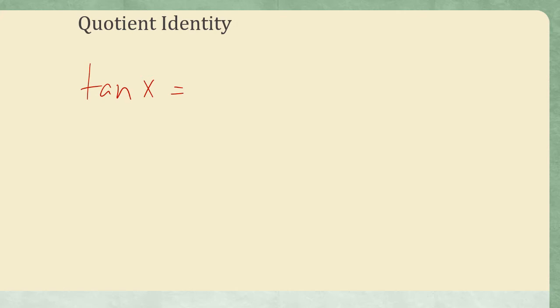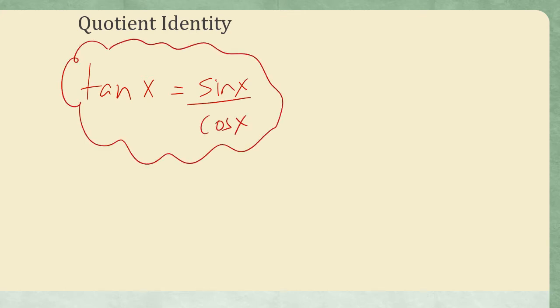So tan x equals sine x over cos x. There is your first tool in your toolbox, if you will. The reciprocal quotient identity, cotangent x, is just the flip of tan. So the flip of sine x over cos x would be cos x over sine x.